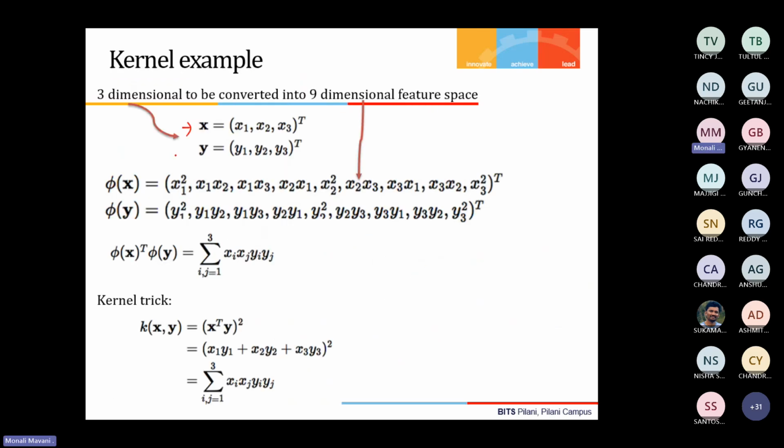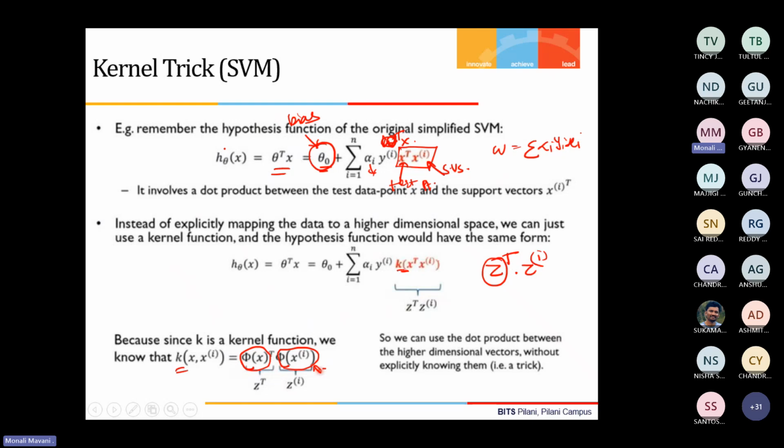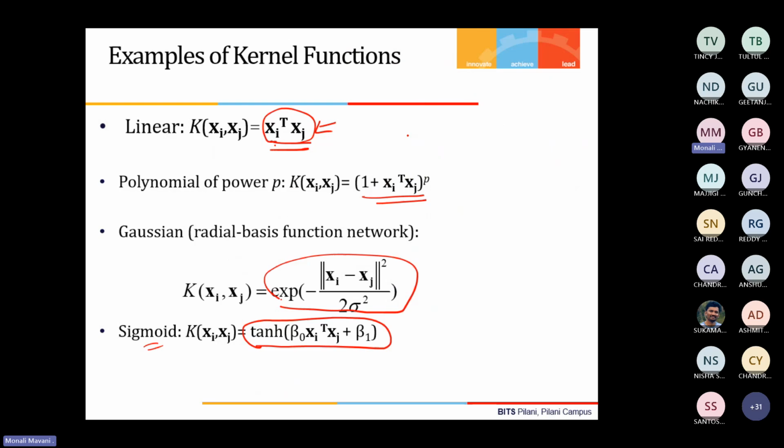Take another example. We have two vectors x and y in three dimensions, and we are interested in their dot product, x transpose x of i, where the x of i are the various support vectors x1, x2, x3, and so on.